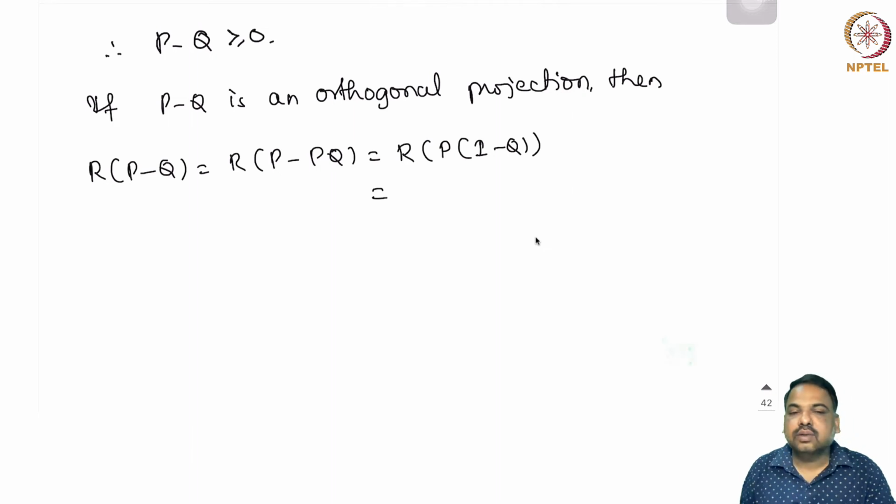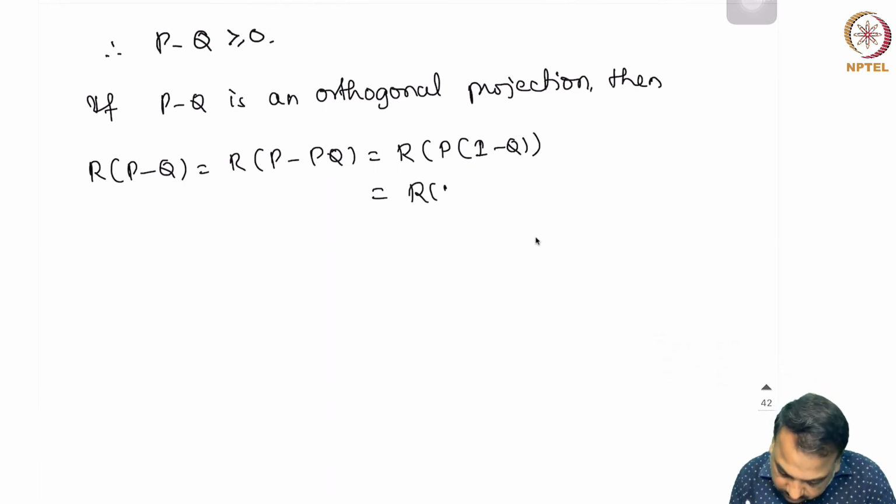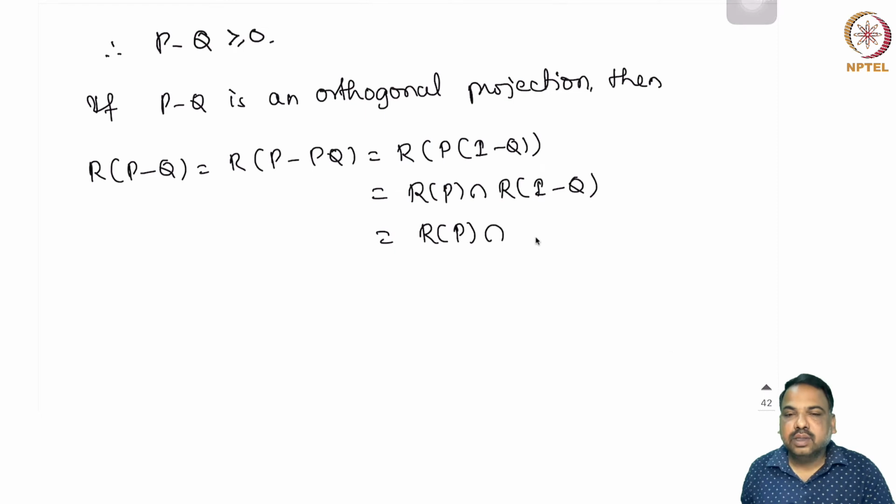We know that the range of PQ is range of P intersection range of Q. Here in place of Q we are replacing I minus Q. So this is range of P intersection range of I minus Q, which is the null space of Q, but the null space of Q is the orthogonal complement of the range of Q.